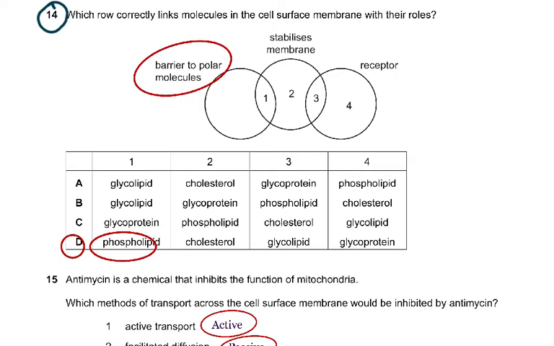The barrier to polar molecules is only the phospholipid layer. You've got to understand that this is the phosphate head, and these are the fatty acid tails. This is the part which is not going to allow polar molecules to pass. So the barrier to polar molecules is the fatty acid chains. And stabilizing the membrane, yes, many like cholesterol stabilize the membrane. Receptors are glycolipids and glycoproteins.